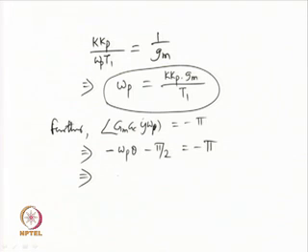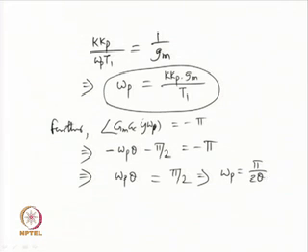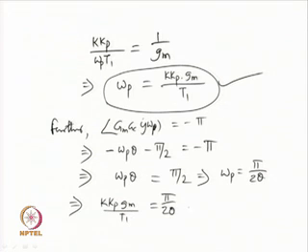Implies omega p theta is equal to pi by 2, or omega p is equal to pi by 2 theta. Substitute the omega p here, giving us K Kp GM divided by T1 is equal to pi by 2 theta, which implies Kp is equal to pi T1 divided by 2 theta K GM.